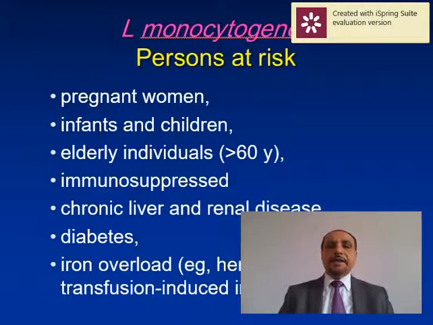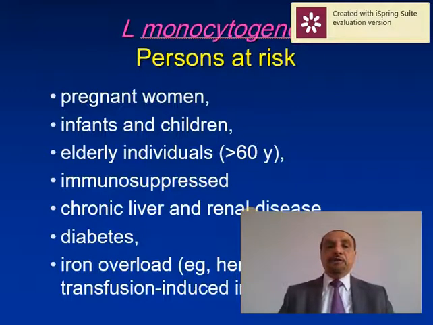What are the risk factors for Listeria monocytogenes infection? This is in general, not in neonates. Number 1, the pregnant woman. This is a risk factor, more so in pregnancy. Number 2, infants and children, but in the first month of life the risk is much higher.